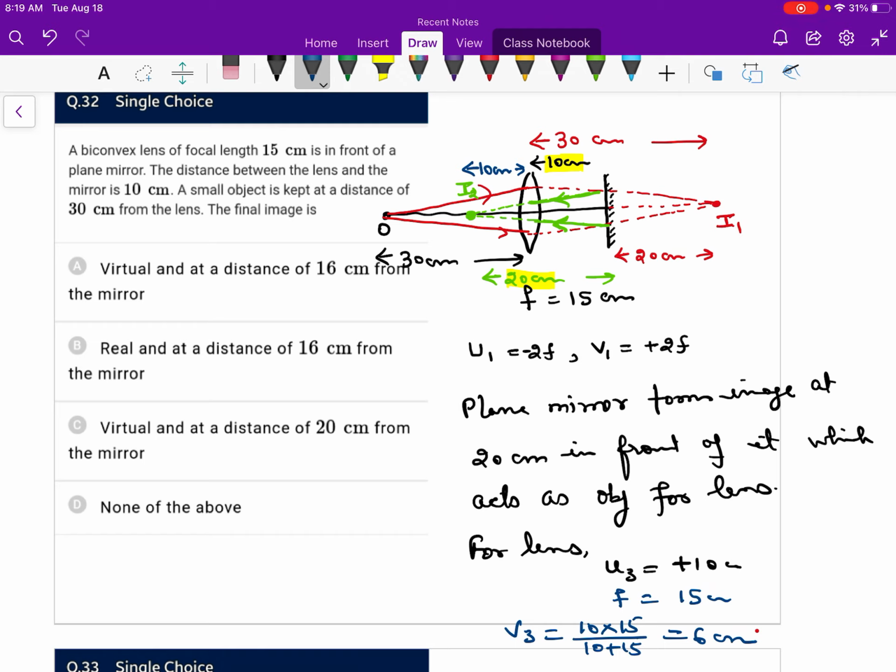So the final image gets formed at 6 centimeter, and this is real because the rays actually converge. It is 6 centimeter from the lens, so from the mirror it is 16 centimeter. So real and at a distance of 16 centimeter from the mirror.